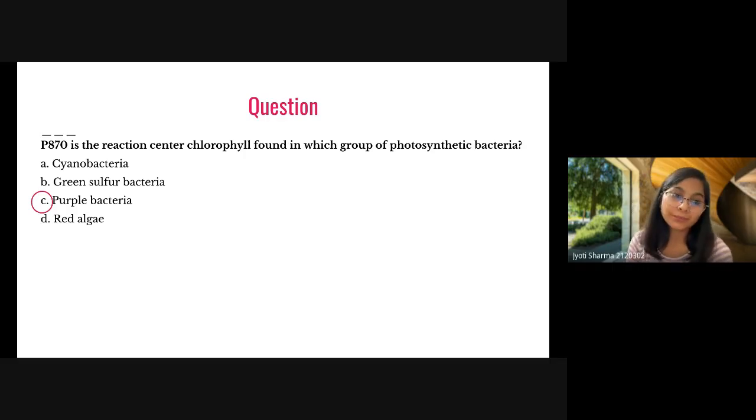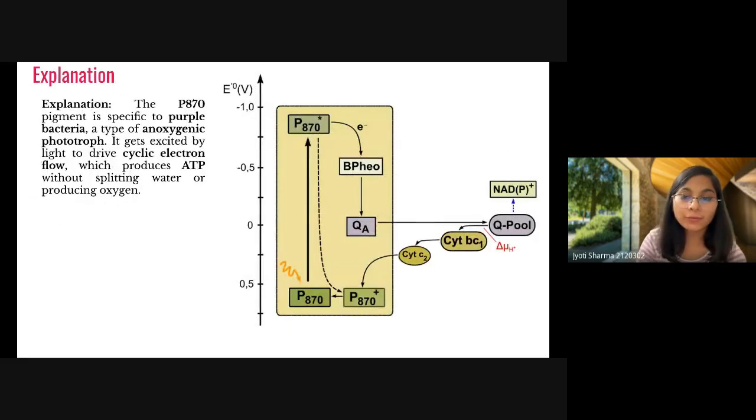When the reaction center chlorophyll is P870, let me show you. Just see here, the P870 pigment is specific to purple bacteria, a type of anoxygenic phototroph. First we have this pigment, then sunlight of that particular 870 nanometer wavelength will strike.